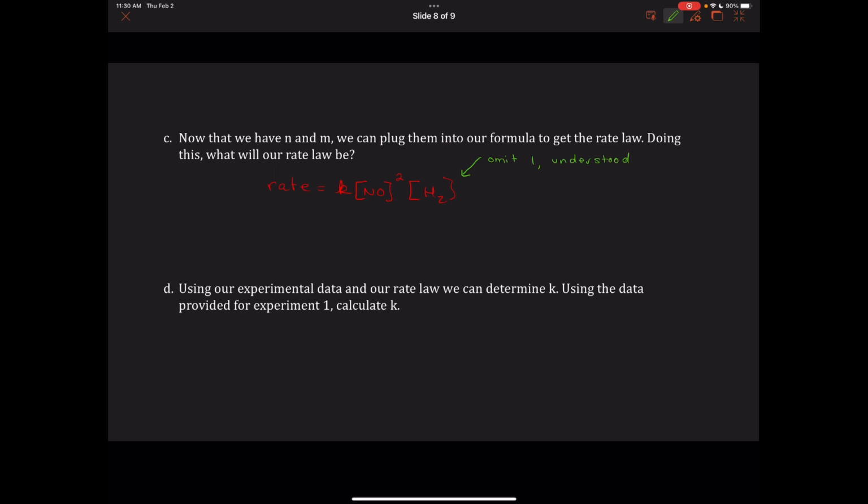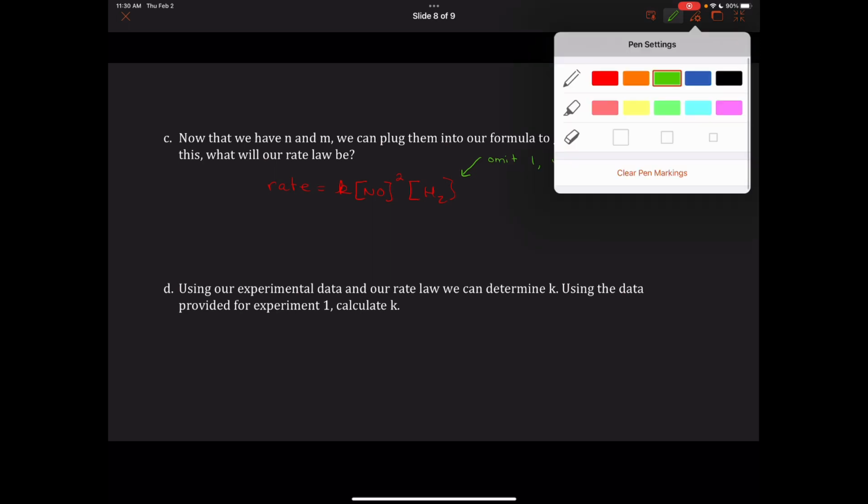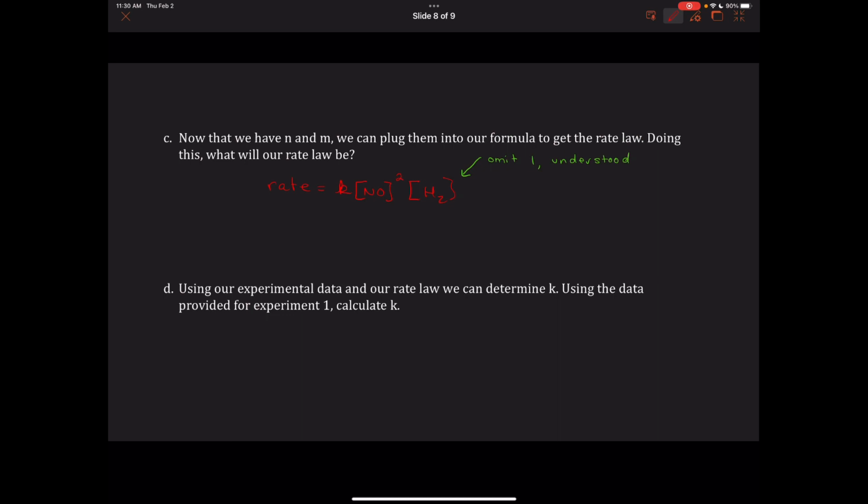Now, once we have our rate law, we can use our experimental data to determine our K value. We could pick any of our experiments, it doesn't matter. We're going to plug that experimental data into the rate law and we're going to solve for K. Here we're just going to pick experiment 1. So experiment 1, the rate was 8.54 times 10 to the negative 6th molarity per second.